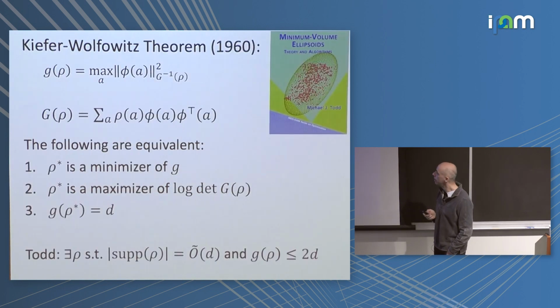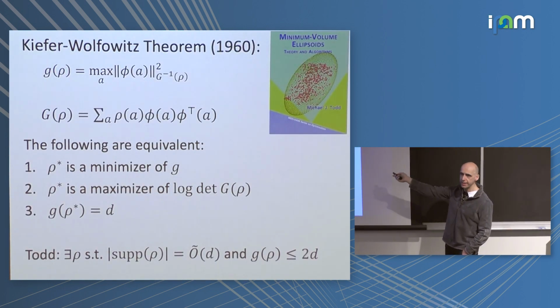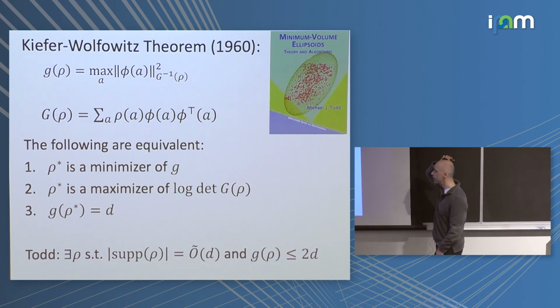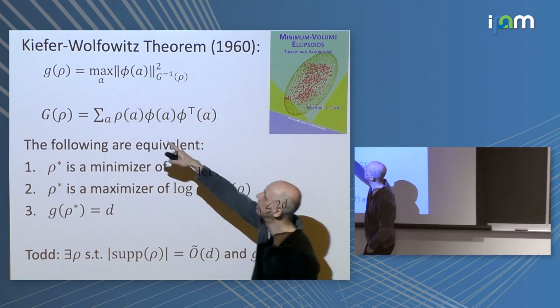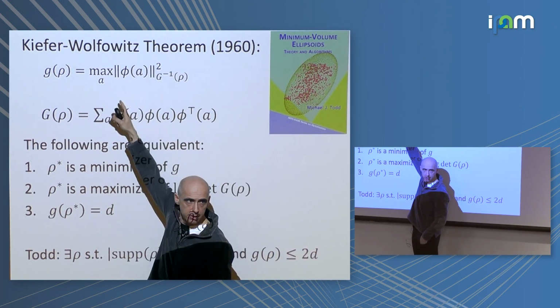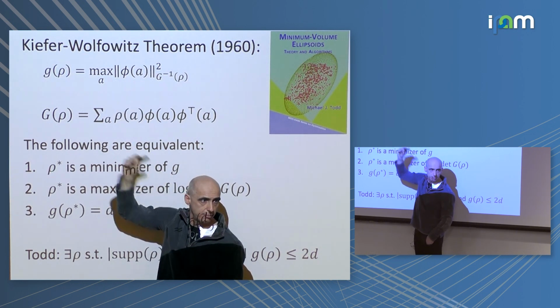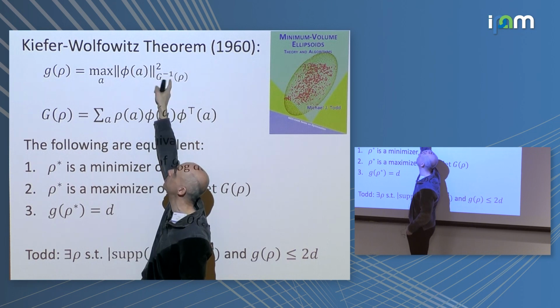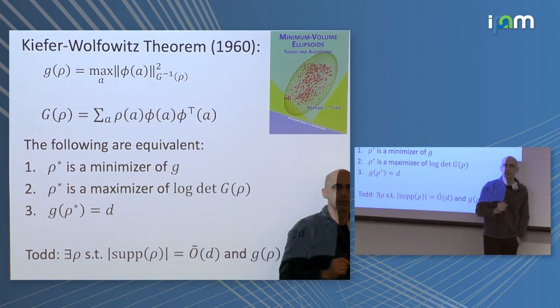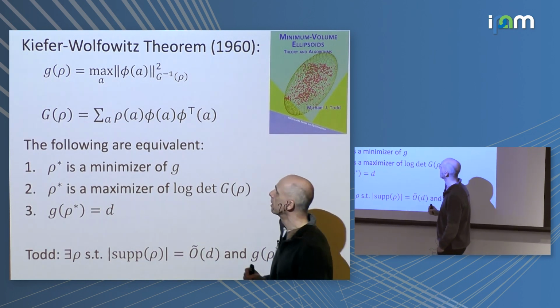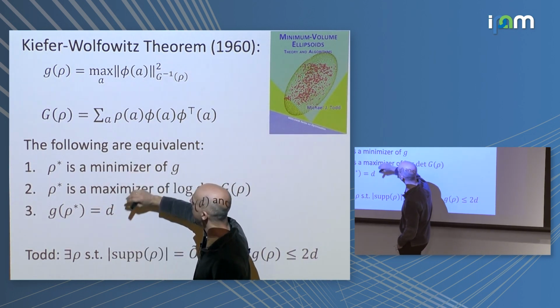OK, so this we know about because we've been working on bandits before. And in bandits, when you have linear bandits, it's impossible to avoid this theorem, which is a very beautiful and nice theorem. It's called the Kiefer-Wolfowitz theorem from the 60s, which says that if you take this function g, which gives you the precision with which you're going to know the values of the rewards at different actions, the worst precision that you're going to get if you follow this procedure, then the following are equivalent.